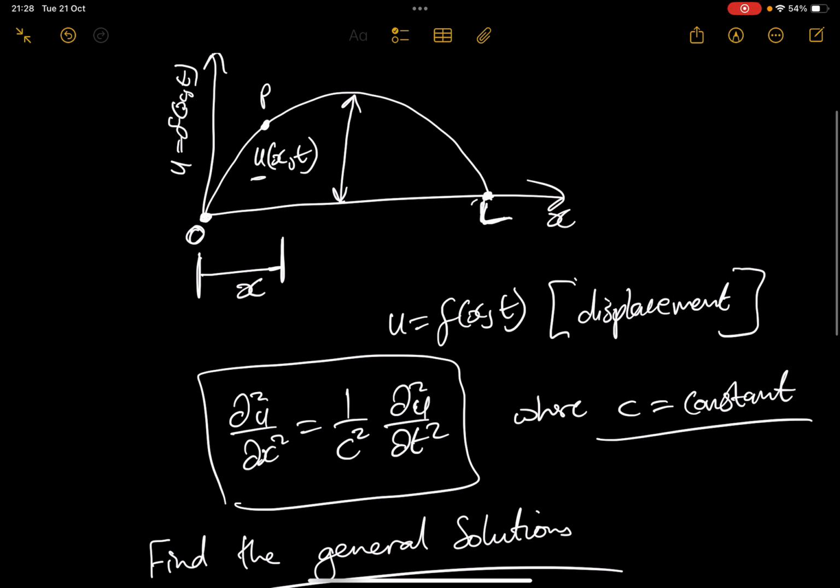Meaning with our main equation, remember we had u(x,t) is equal to a e^(0) plus b e^(0), and here we have c times 0 plus d times 0, right?